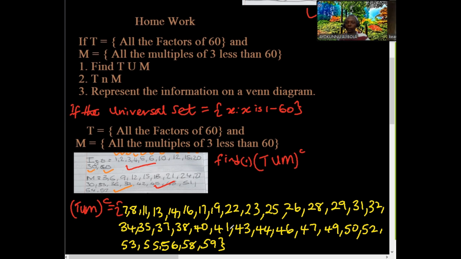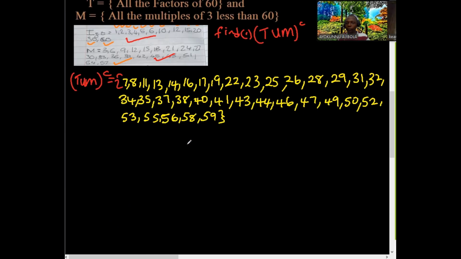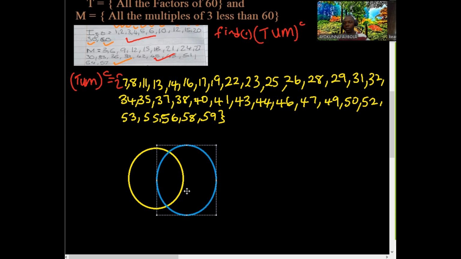right? Yeah. So if you want to represent this on a Venn diagram, what I would do is draw my Venn diagram. The first circle for one region and the other circle for the other one.